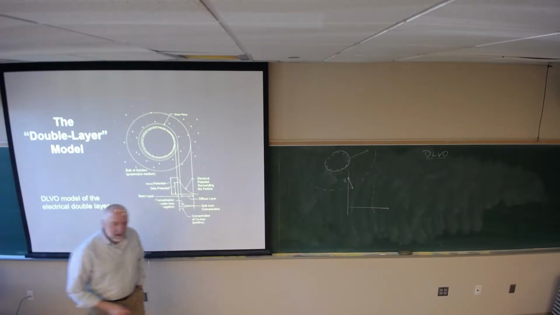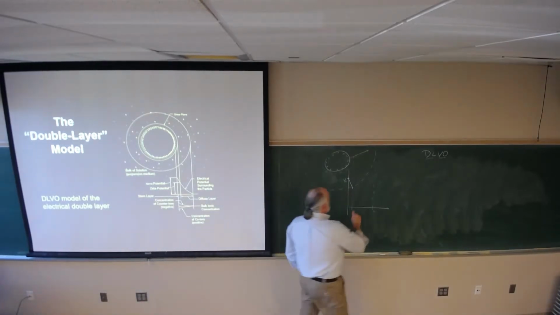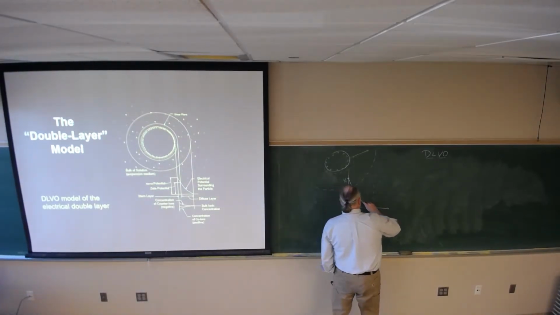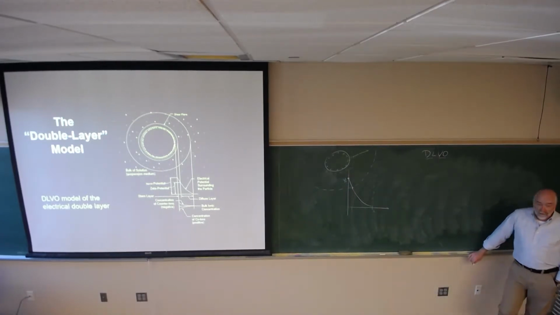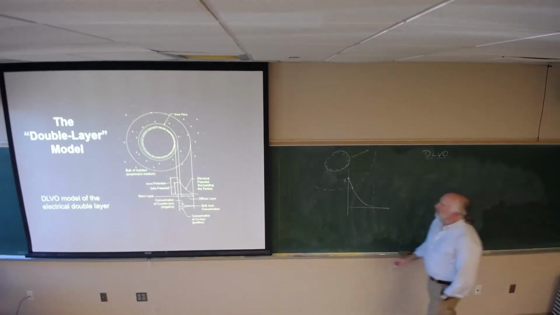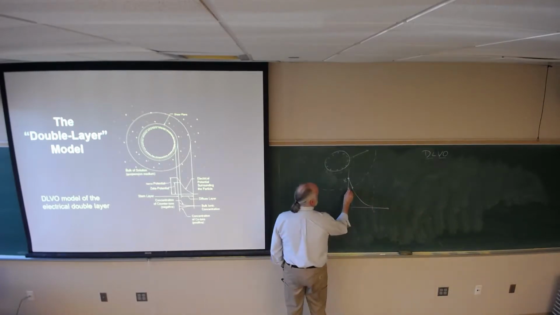And then after that, we have an exponential decay out to my bulk, out to the edge of my double layer. So the potential at the shear plane, represented as this value here, is the zeta potential.